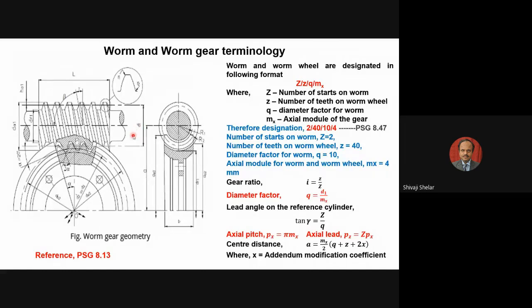Above that, D1 dash may not be visible because this picture is not clear, but in the PSG data book you can see it. D1 is your reference diameter, and D1 dash is in this case the actual pitch diameter. So there is a small difference between the actual pitch diameter and the reference diameter.